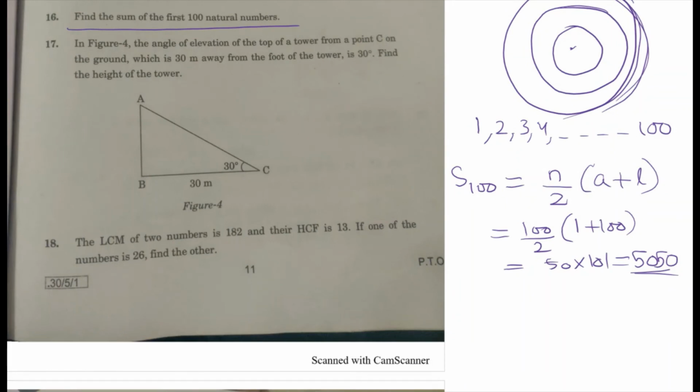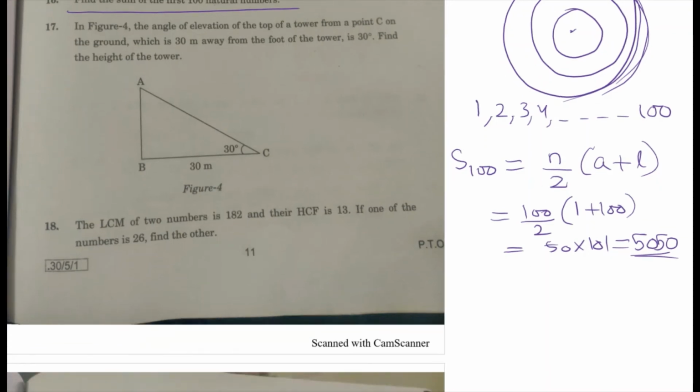17th question. In figure 4, the angle of elevation of the top of a tower from a point C on the ground, which is 30 meters away from the foot of the tower, is 30 degrees. Find the height of the tower. Simply apply tan 30 here. So tan 30 will give us AB by BC.